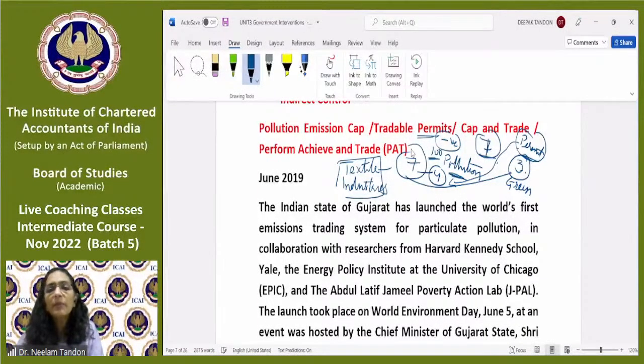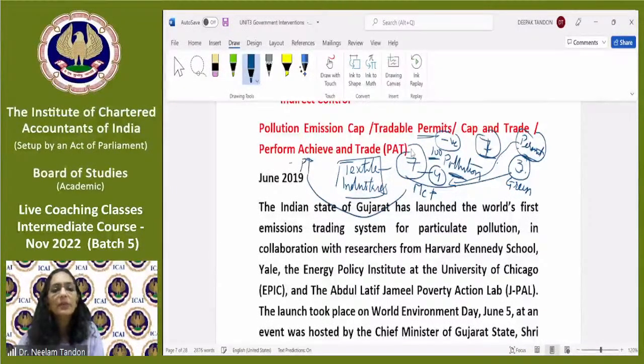Now since the number of permits cannot be increased, the price will keep increasing, because the demand is among these 4 players and the number of permits is limited. So what is going to happen because of this? Since the price of permit goes up, their cost will go up. Their cost going up means their price of production will go up.